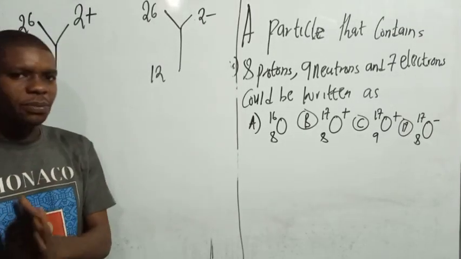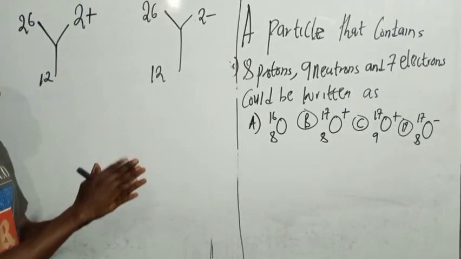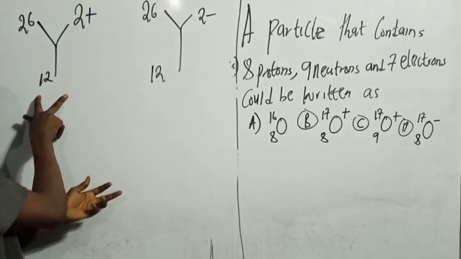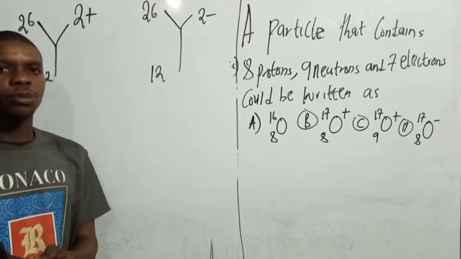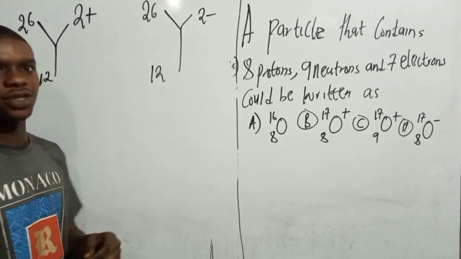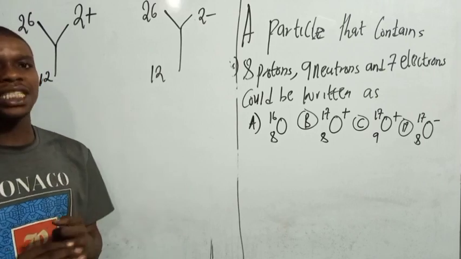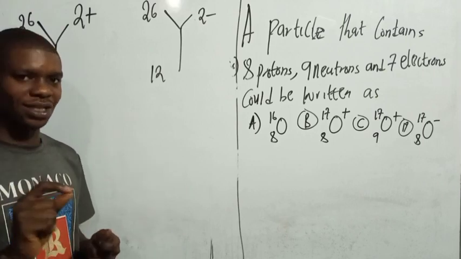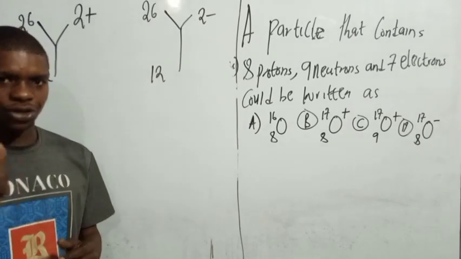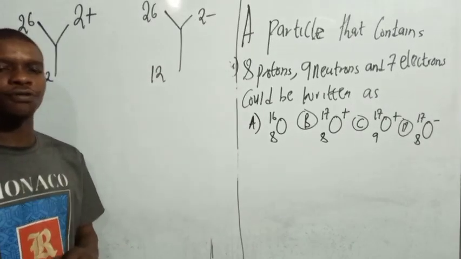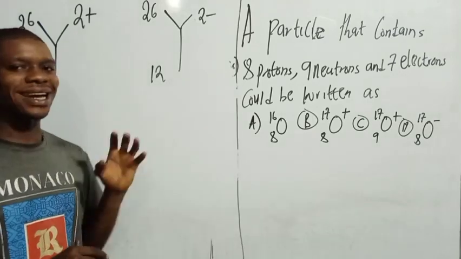So if you have something like this, I want to use it to explain to you. This is called a cation. It is an ion. When an atom loses electrons, it forms a positive charge, so you form a cation.